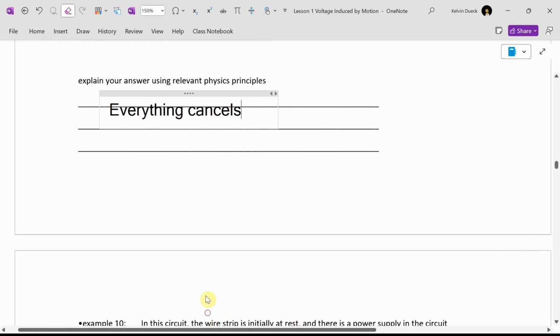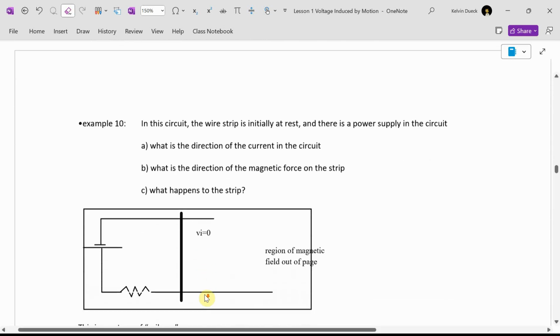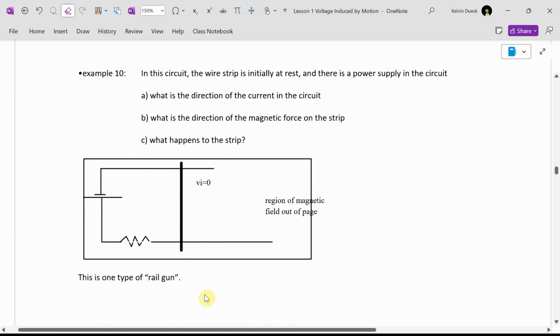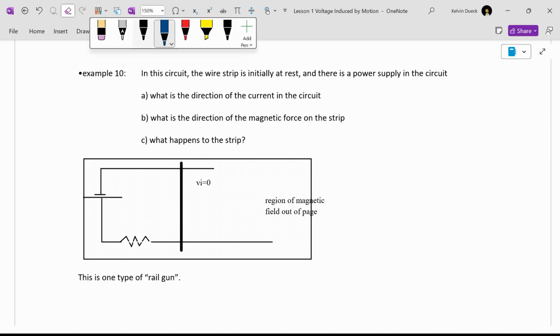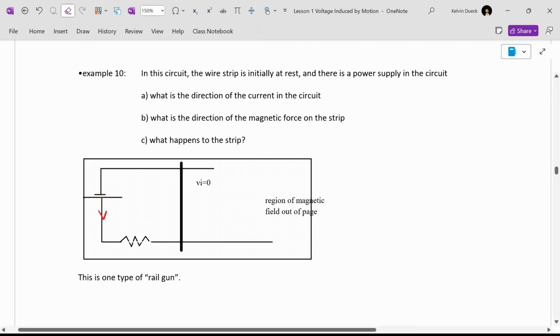But believe it or not, we're very close to designing a railgun. What if instead of us pulling to get voltage, what if we supply voltage? Can we get motion? So example 10, in this circuit, the wire strip here is initially at rest, and we've hooked up a voltage supply over here. So let's draw in the current. In the wire, Amber, what direction is the current moving?